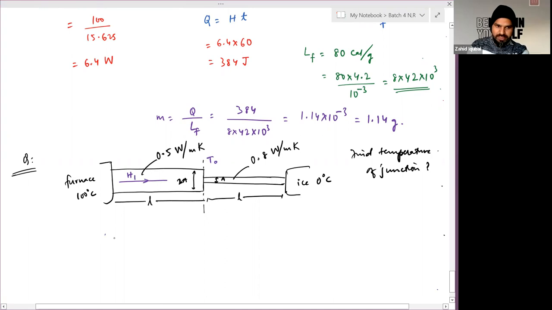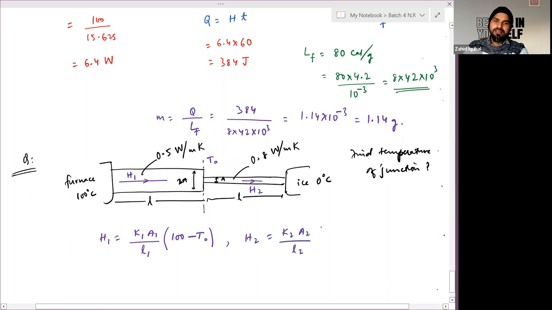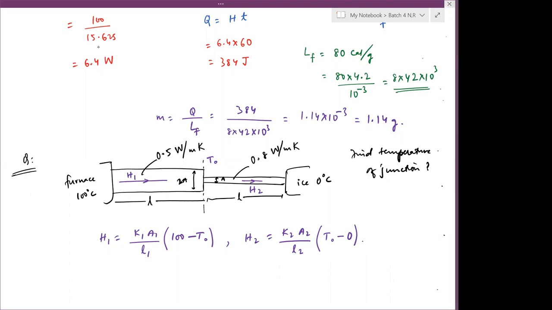So there will be heat current H1 equals K A divided by length, times temperature difference 100 minus T naught. Similarly, for the second part, heat current is H2, which equals K A divided by length, times temperature difference T naught minus 0.